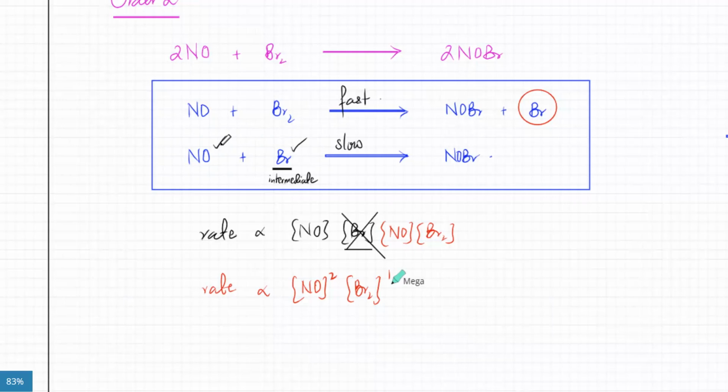If I double the concentration of NO, the collisions double. But because of NO's concentration, Br's concentration also doubles. So the reaction doubles again. So order 2 indicates that if you change the concentration of one reactant, two of the reactants in this slow step would have their concentrations doubled.